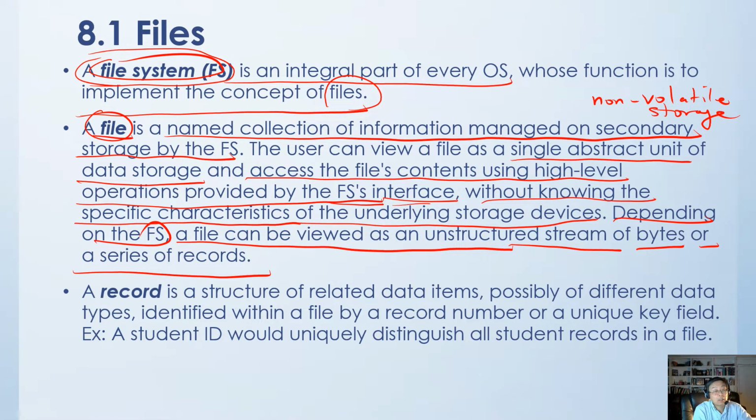Eventually, the file is stored as binary digits at the very bottom, but the file system can organize it into an unstructured string of bytes or a series of records. Now, what is a record? A record is a structure of related data items, possibly of different data types, identified within a file by a record number or unique key field. We can talk about this a little bit later.